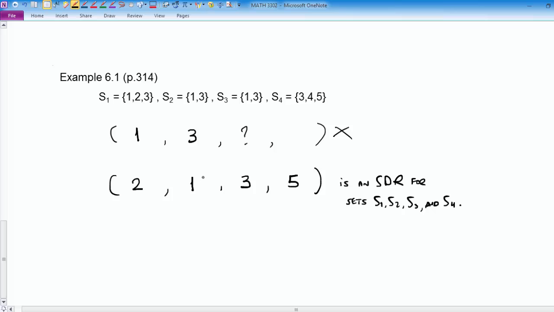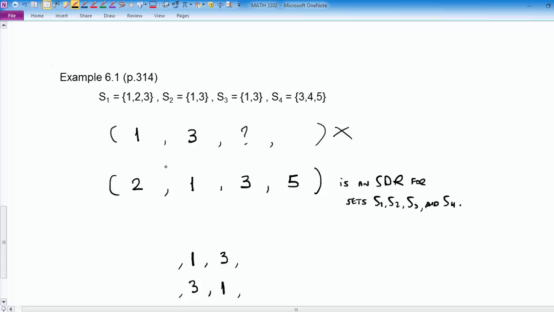In this particular example, it's pretty easy to find all the SDRs. We can do a better analysis here instead of just picking a number at random. Let's look at what the problem is here. Look at the second and the third sets. If we use element number 1 in the second set, that means we cannot use 1 in the third. So we have two possibilities: 1 and 3, or 3 and 1, for the second and third entries.